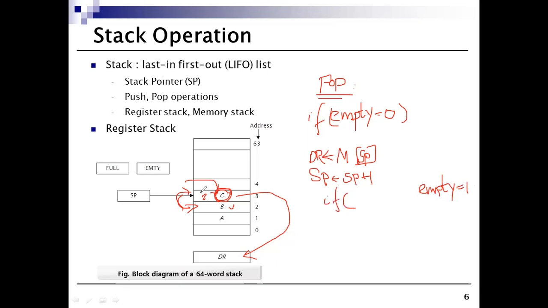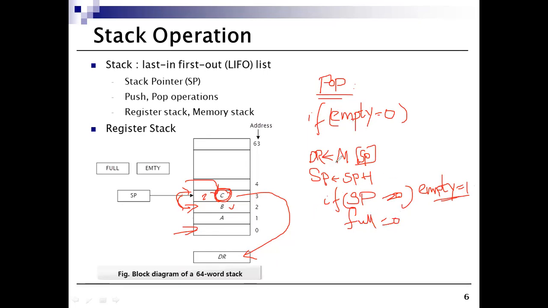Likewise, your stack pointer is decrementing, and as and when it reaches 0, it means there are no elements here. So if your stack pointer is equal to 0, during the pop operation, I will set my empty flag to 1. And my full flag is 0 always.